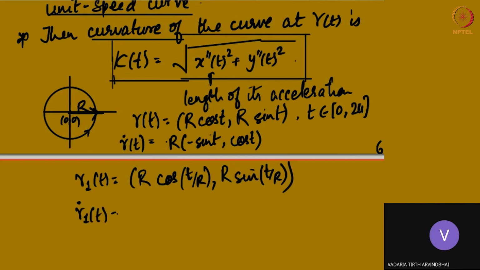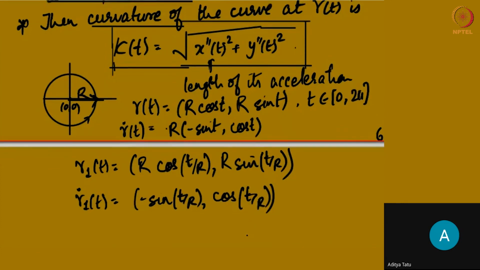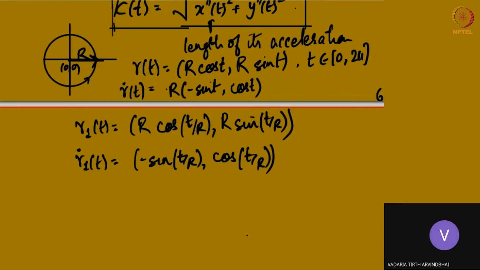It is gamma 1 dot of t, which is minus sin t by r, cos t by r. Okay. So unit speed? Yes, sir. Right. So then what should I do in order to compute the curvature? Again differentiate.